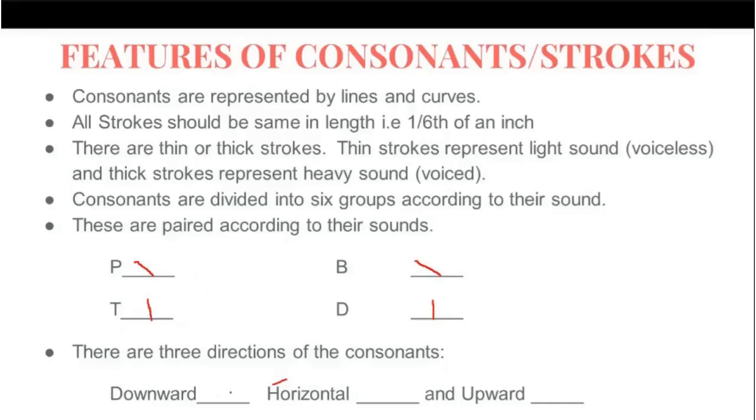For example, P is a downward stroke. Horizontal, that is horizontal. We can say K is a horizontal stroke. And upward, and wave is an upward stroke.